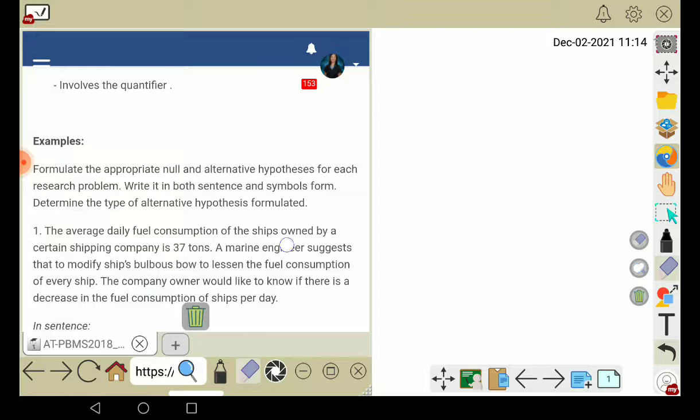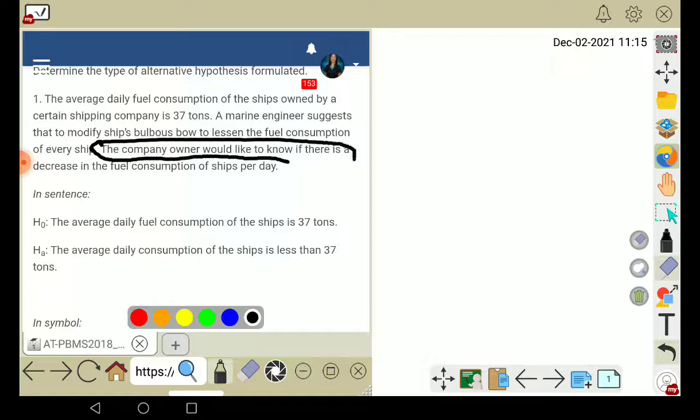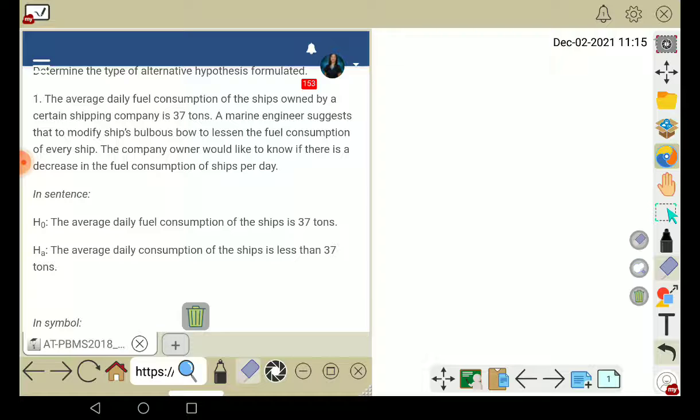So in the sentence, for the null hypothesis, we are going to use: the average daily fuel consumption of ships is 37 tons. And for your alternative, we again get that from the new assumption, or the thing that we want to know. Okay, so the average daily consumption of ships is less than 37 tons.